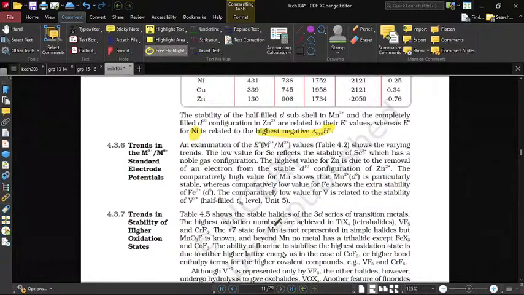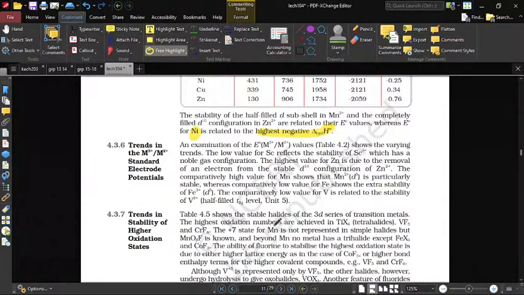Trends in M3 plus and M2 plus. An examination of electrode potential values shows varying trends. The low value for scandium reflects the stability of Sc plus 3, which has a noble gas configuration. The highest value for zinc is due to the removal of an electron from the stable d10 configuration of Zn2 plus.